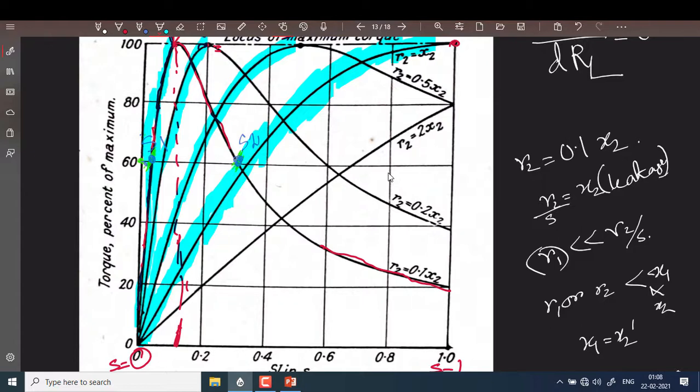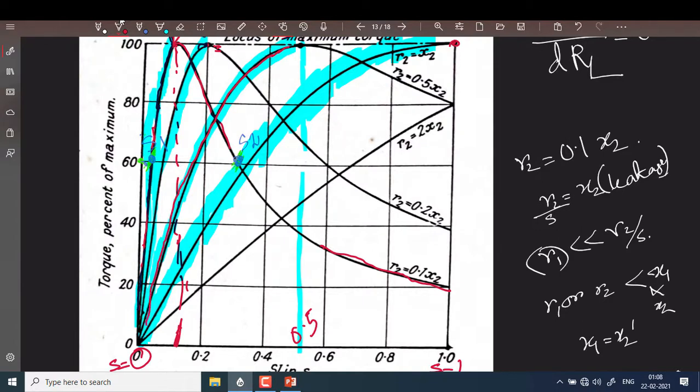So you can have a wider speed control. These two are very extreme, but as long as your R2 is as large as 0.5 X2, you have a slip value of almost 0.5. So 0.5 slip is not a matter of joke. That means you can utilize this entire segment.